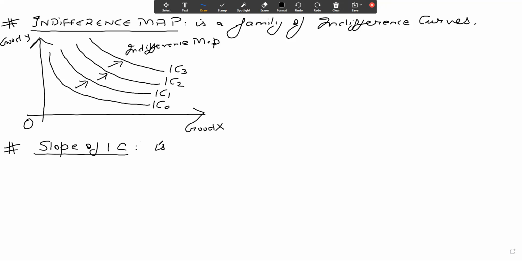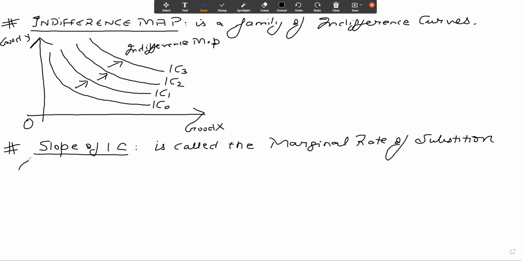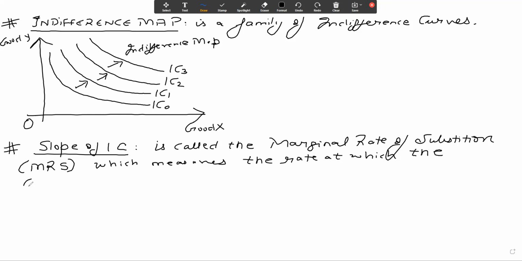The slope of the indifference curve is called the marginal rate of substitution, which in short form we write as MRS, which measures the rate at which the consumer is willing to trade one good for another.